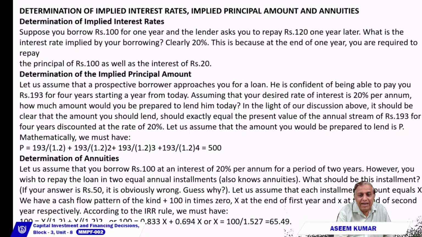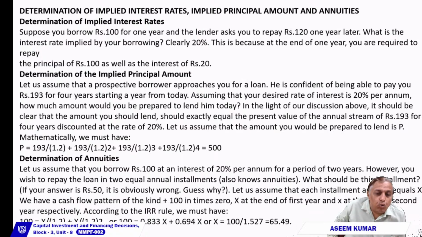So let us assume that each installment amount equals x. So we have a cash flow pattern of this kind: plus 100 at time 0, x at the end of first year and x at the end of second year respectively.